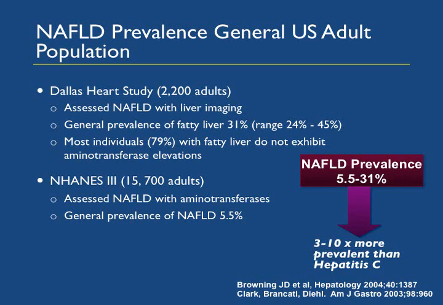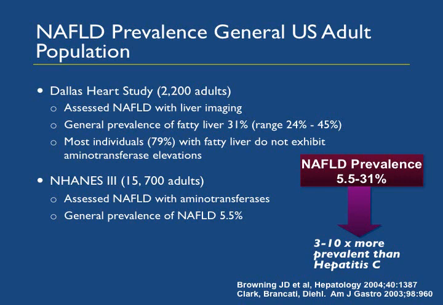In the NHANES study, they defined NAFLD based on abnormal aminotransferases with no other explainable etiology. And based on this, the general prevalence was about 5.5%. So based on these two large studies, we can say that the prevalence of NAFLD in the U.S. is anywhere between 5 to 30%.